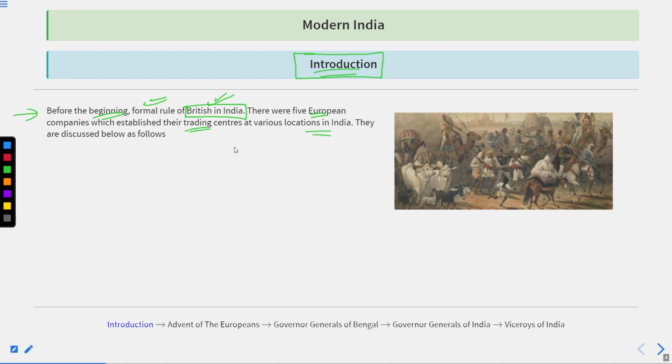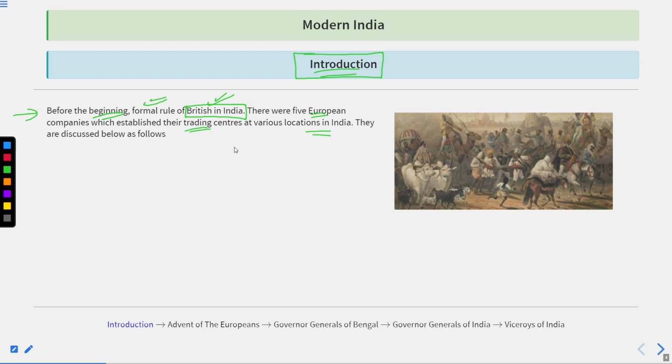It means that the Britishers started the formal rule in India many years after they had established their factory for trading. Like we know, the Britishers came to India mainly for trade. Later on, for their greater benefit, they established their rule.